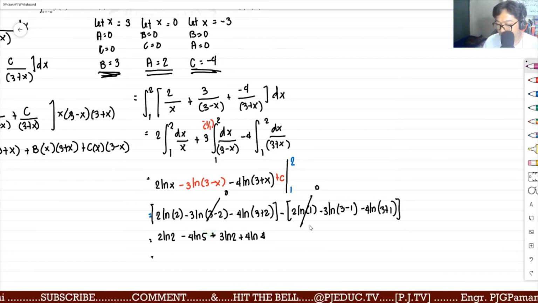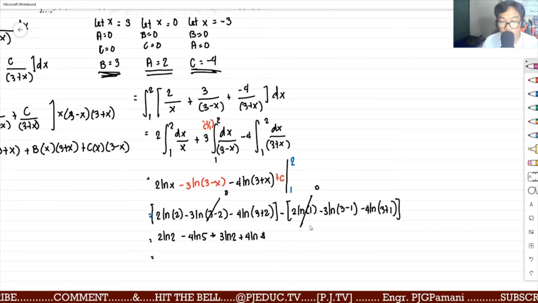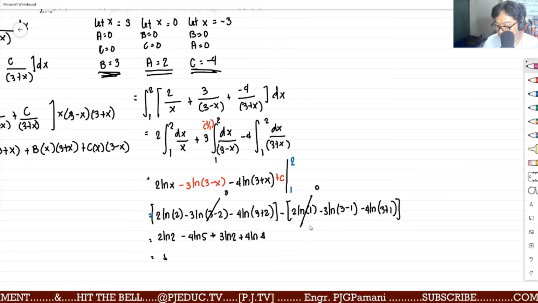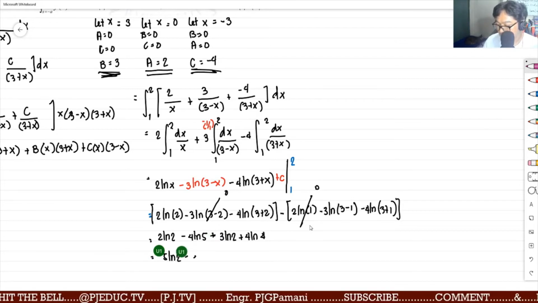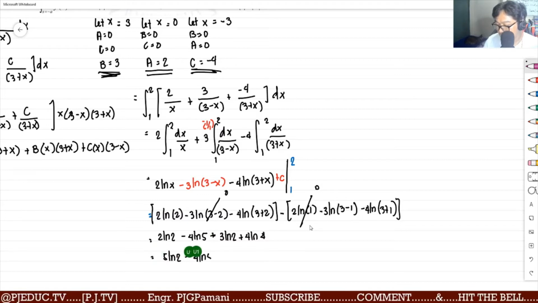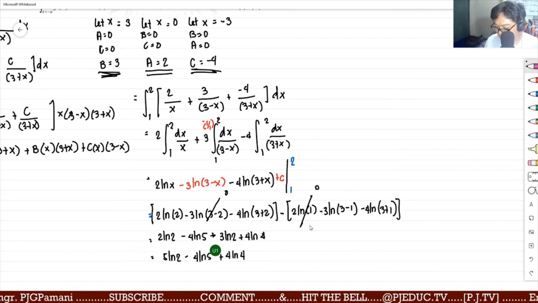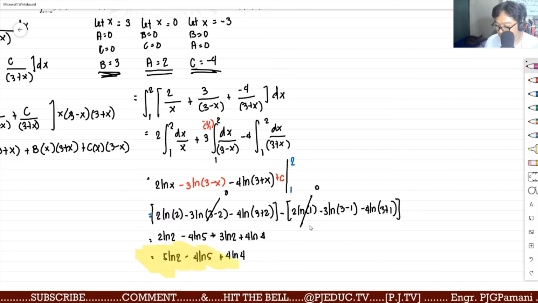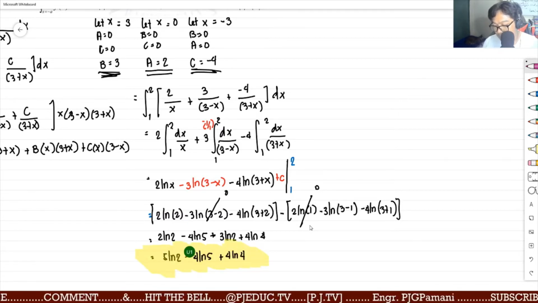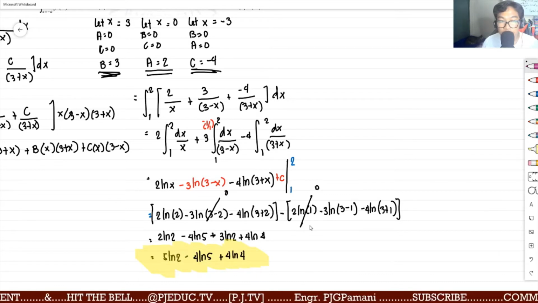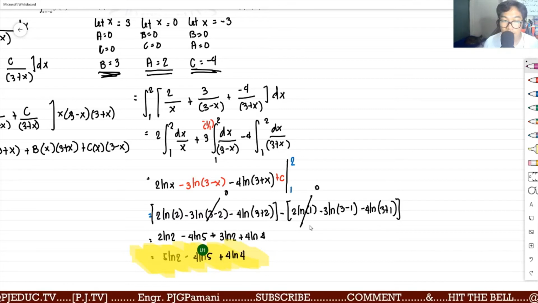Simplify, combine like terms. 2 ln 2 plus 3 ln 2 is 5 ln 2 minus 4 ln 5 plus 4 ln 4. So again, express your final answer in whole number. Though decimal ang lalabas sa answer na yan, pero that will serve as our final answer.